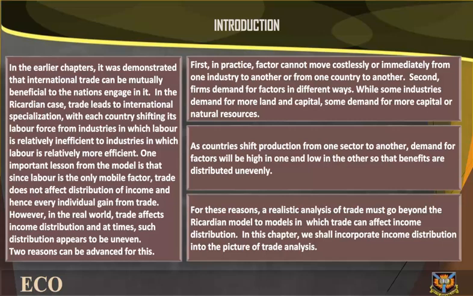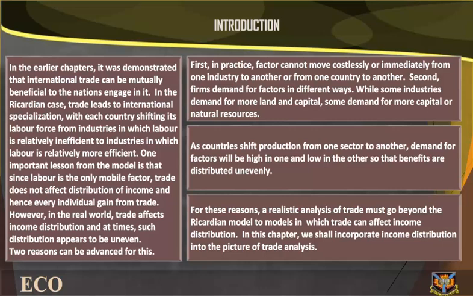Second, firms demand factors in different ways. While some industries demand more land and capital, some demand more capital or natural resources. As countries shift production from one sector to another, demand for factors will be high in one and low in the other, so that benefits are distributed unevenly.